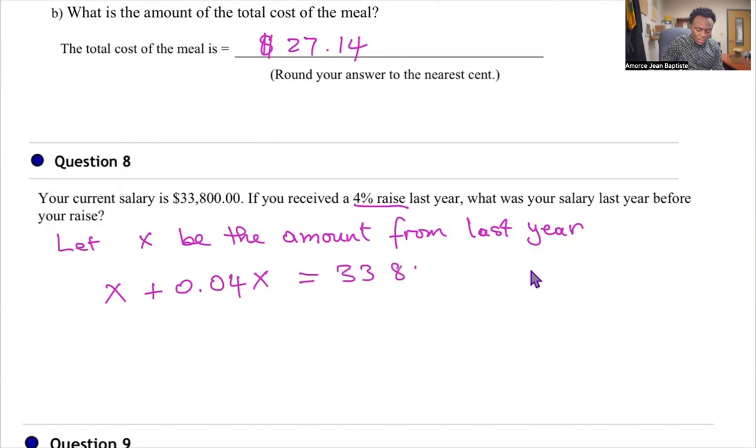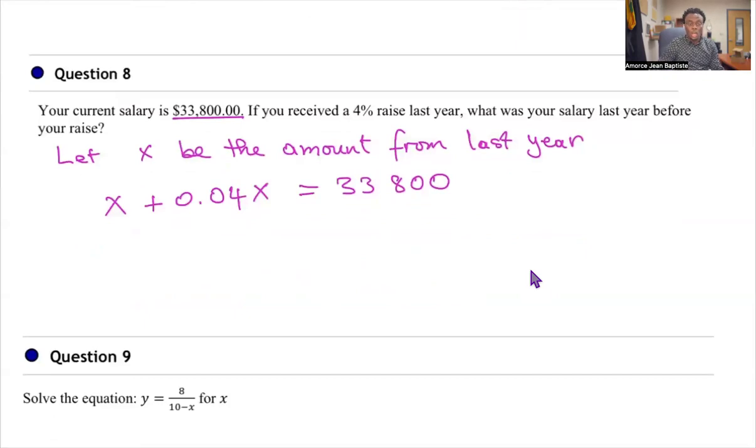That's what they said, right? You have this amount that is the raise, that's 4% of what you had last year, that gets added to what you had last year, and that created this new amount for your current salary. Since you didn't know what X was, you call it X, then you create that equation, and solve for X. So that's 1.04x equals 33,800.